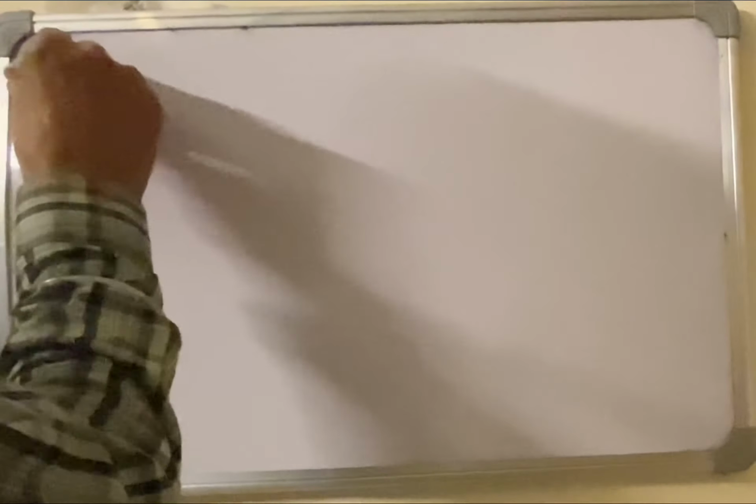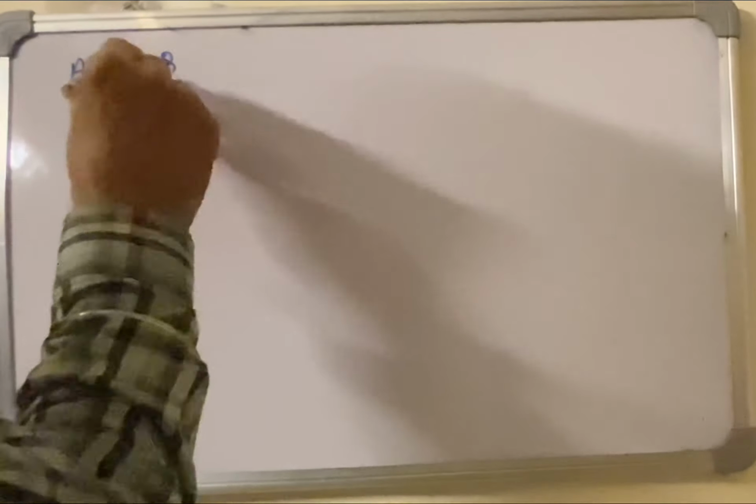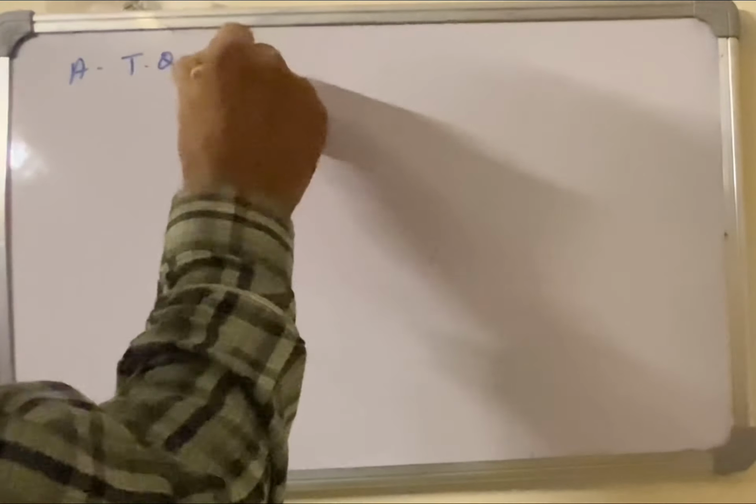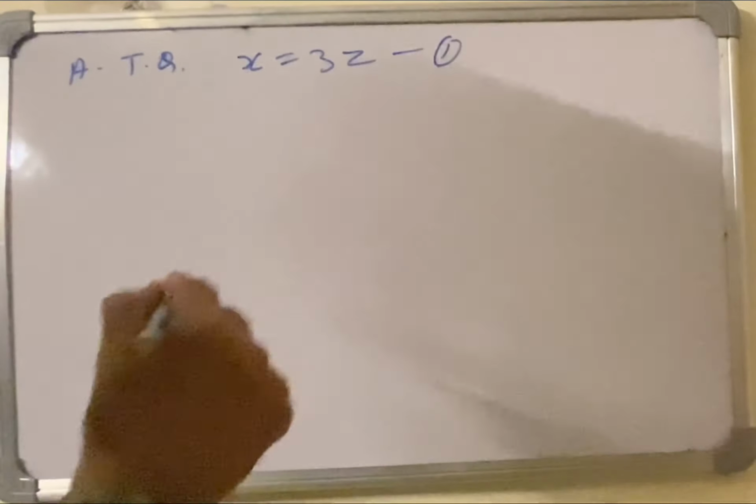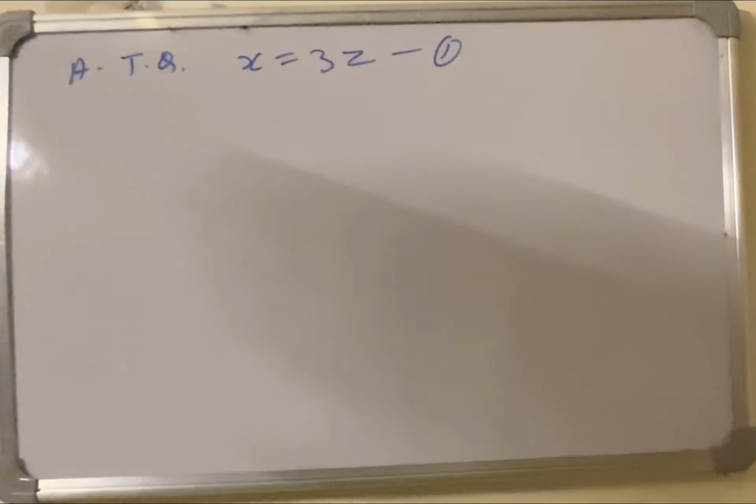According to the question, as we have seen in the statement, the longest side is 3 times the length of the shorter side. The longest side is x and the shortest side is z. So x is equal to 3z. This is the first equation. The third side is 2 centimeters shorter than the longest side.